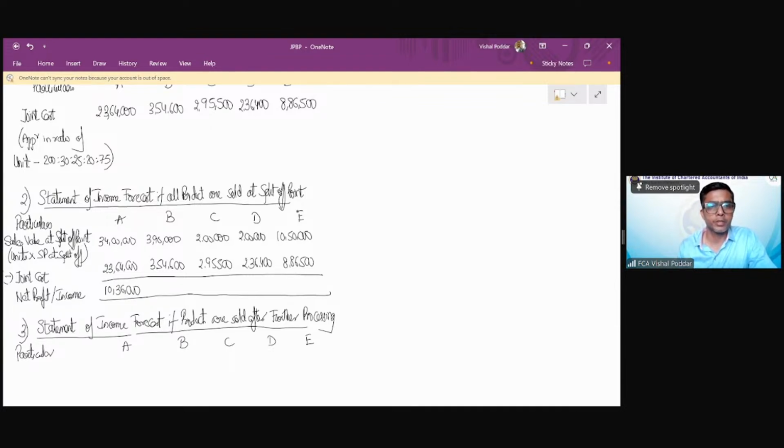So 1036 is my profit here. 45,400 is the profit here. I think it will be 35. Here 95,500 is the loss. Here 36,400 is the loss.